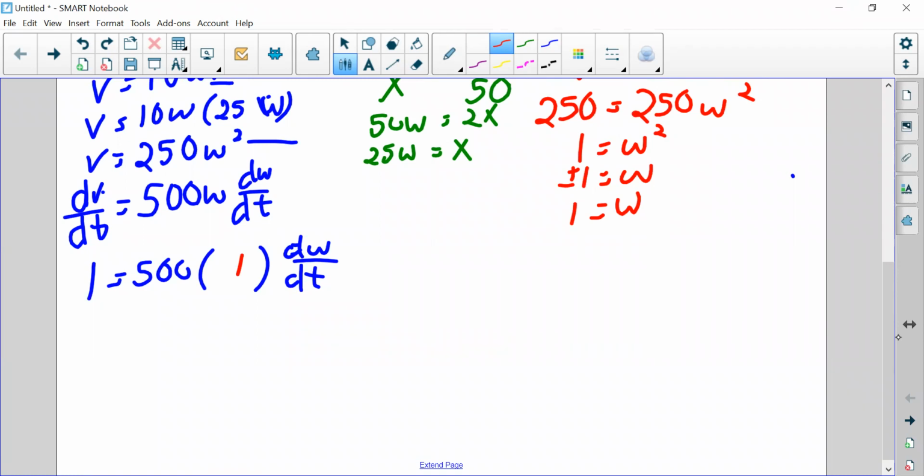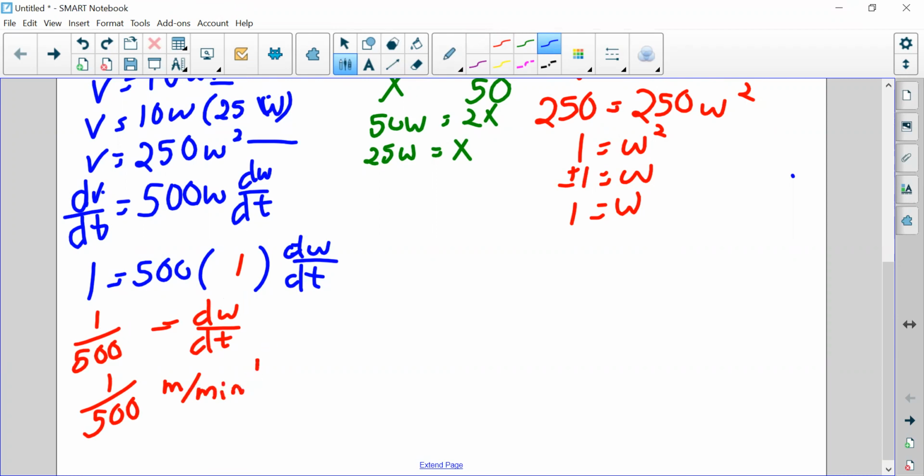So I can plug in 1 in place of W. That gives us 1 divided by 500 is equal to dW/dt. So let's figure out our units of measurement. What is W being measured in? Meters. Divided by, what is t being measured in? Minutes.